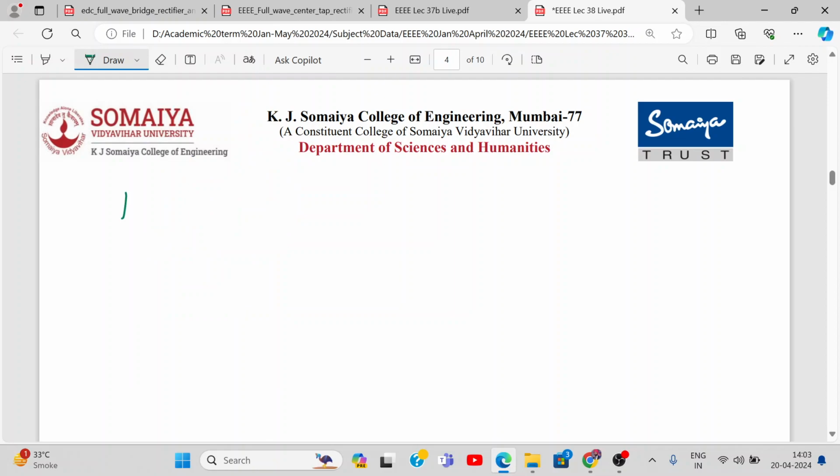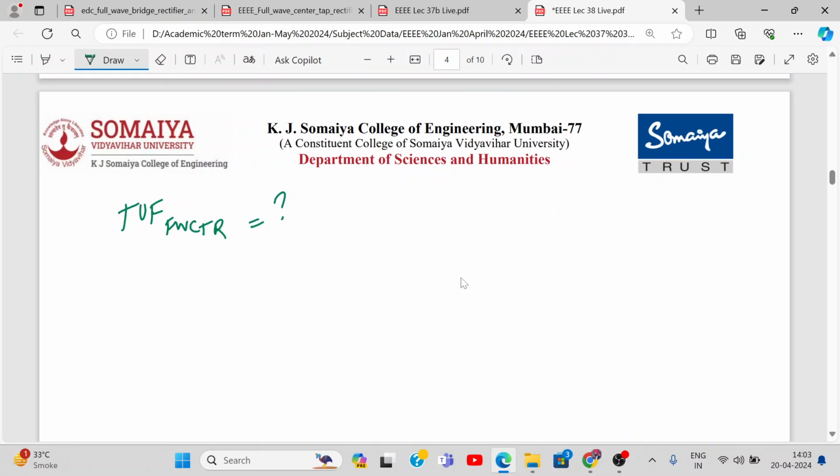TUF for full wave center tap rectifier. So let's find that out. For a full wave center tap rectifier, how will be my secondary voltage? I have my winding like this, right? Center tap.